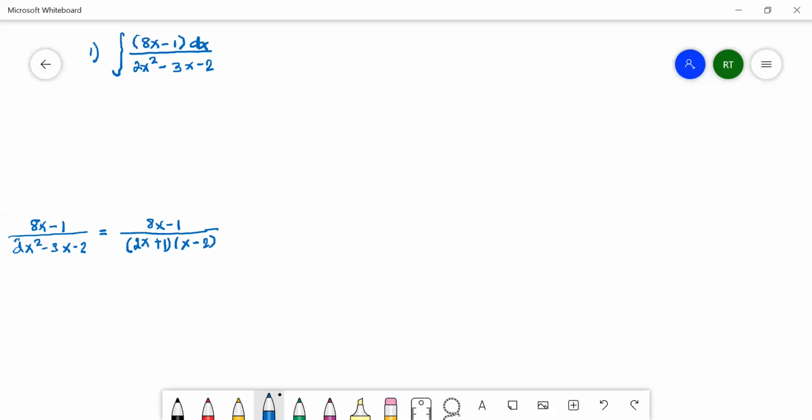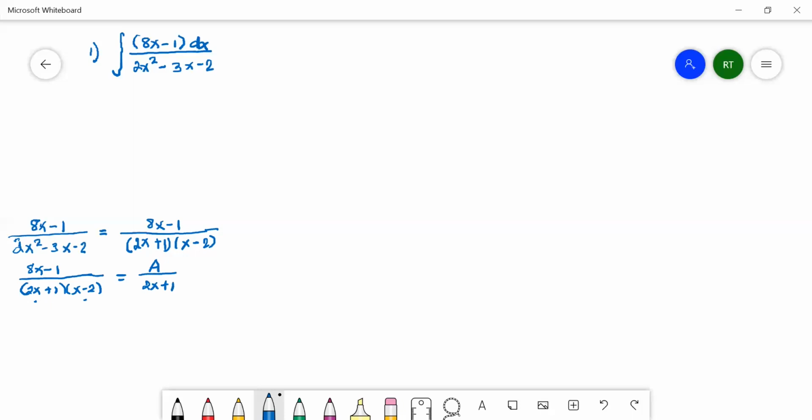So hence, if we have 8x minus 1 over the quantity 2x plus 1, x minus 2, now for the linear factor 2x plus 1, there corresponds a partial fraction in the form A over 2x plus 1.